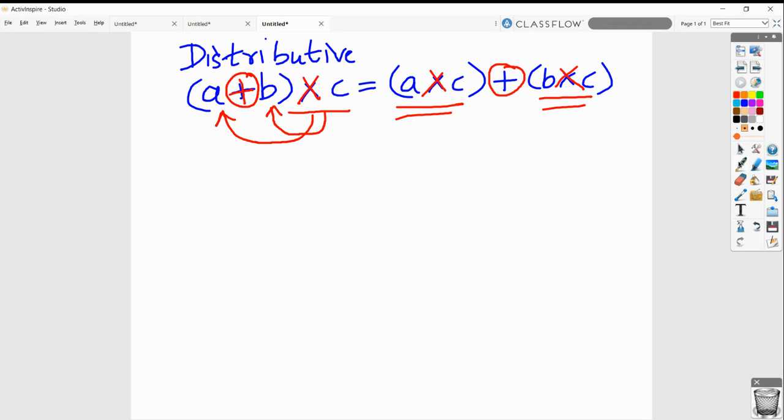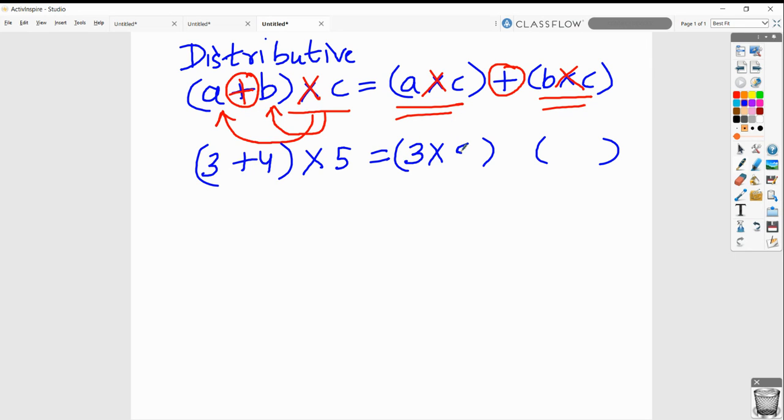Let us take an example and then understand this. Now if we have 3 plus 4 times 5, if I write the exact same thing as the above property, A is nothing but 3, C is 5, plus B is 4, 4 times 5.